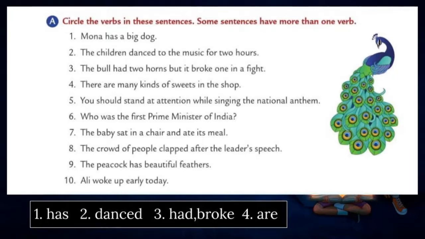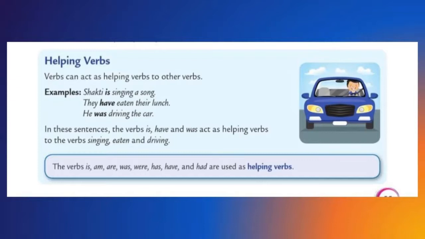Students, now we are going to see helping verbs. Already we know verbs like is, am, are, was, were, has, have and had. These verbs are all known as helping verbs. Already I said that verbs can show action.